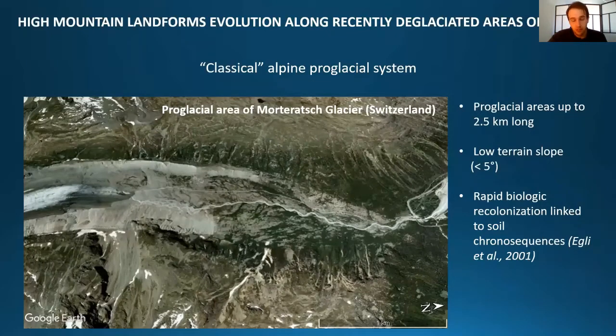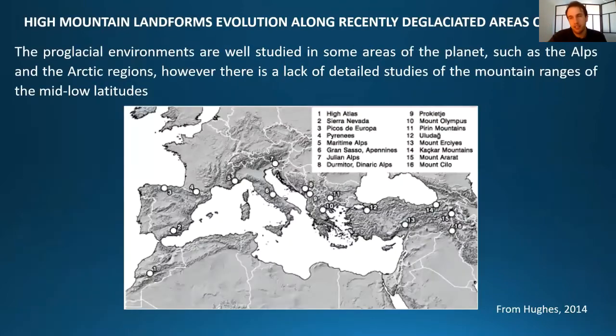But not all the glacial systems are like that. In fact, the glacial environments are well studied in areas of the planet like the Alps and the Arctic regions. But there are many other glacial systems where there is a lack of detailed studies, but which are very important.